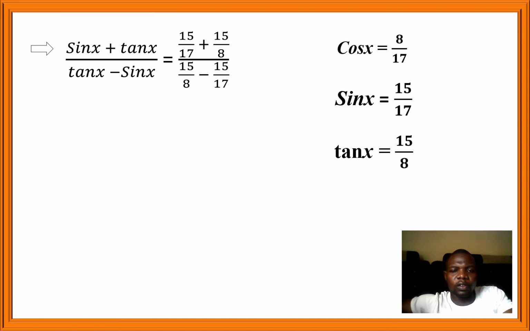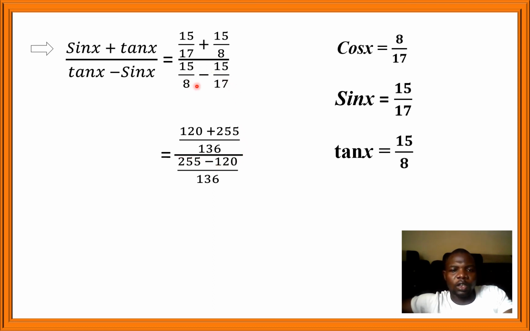This then gives us 120 plus 255 divided by 136. That is when we find the LCM here. LCM will be 136. 136 divided by 17 gives us 8. 8 by 15 gives us 120, plus 136 divided by 8 gives us 17 by 15 gives us 255.